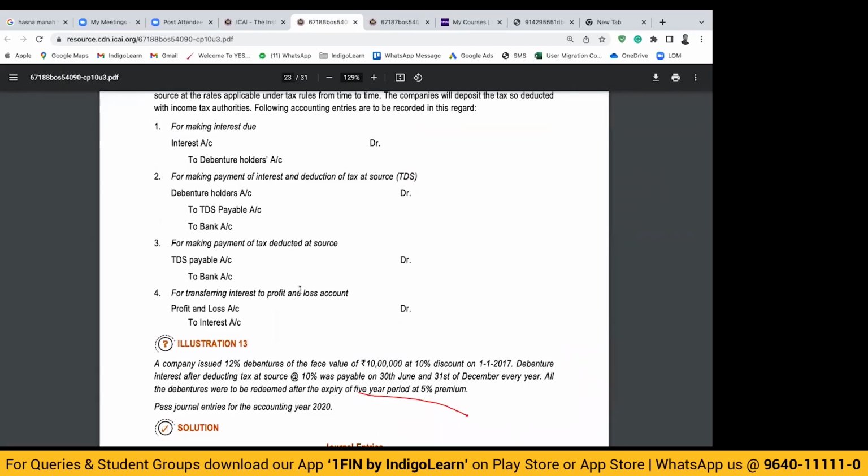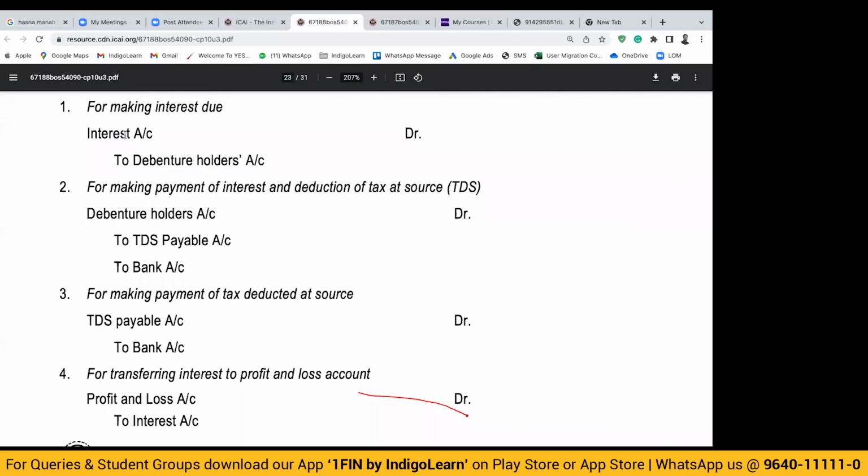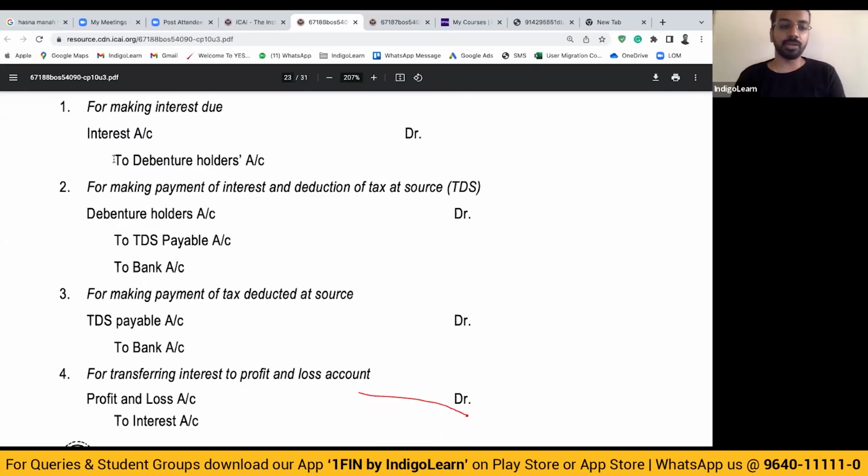Sure, sir, but there is interest credited, and we know that we are paying the interest. So what happens is, first you pay interest, that is you are debiting here. This is an expense. So you have debited interest, and either you will credit debenture holders or you will credit bank.